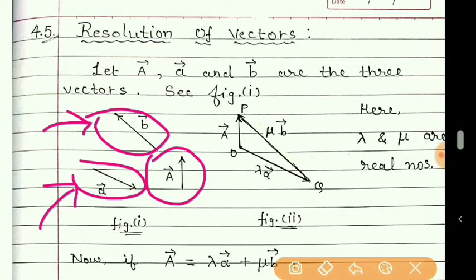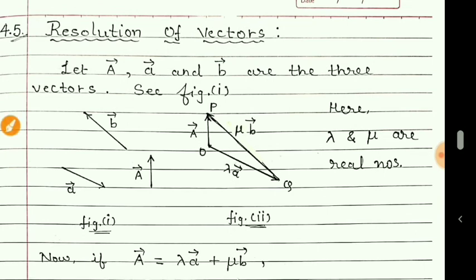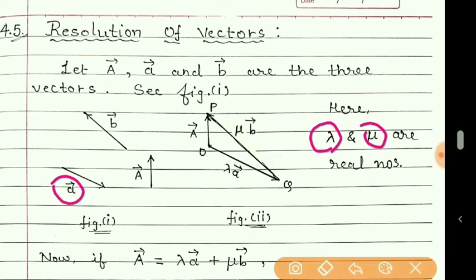So to change their magnitudes, that is to modify them, we have to multiply these vectors by some real numbers so that we can change their length, means their magnitude. So after multiplying vector a by lambda, we will get lambda a in vector form. Similarly, if we multiply vector b with mu, then we will get a vector mu into vector b.